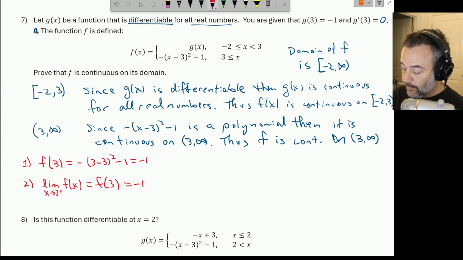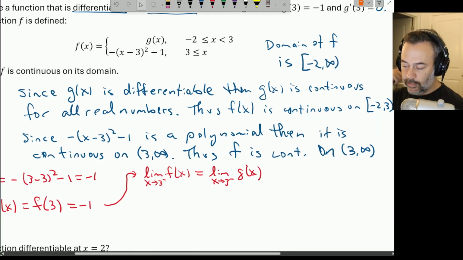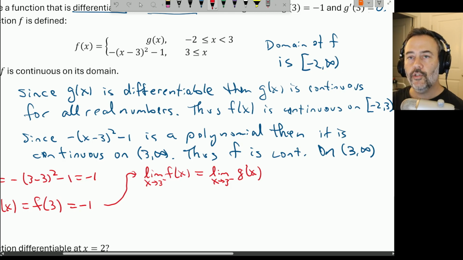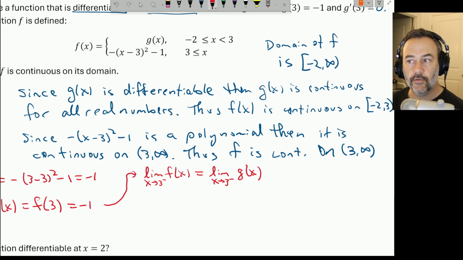Sorry, I'm slightly running out of room over here. Let's do the limit as x goes to 3 from the left of f of x. But that is the limit as x goes to 3 from the left of g of x. Now, what is this limit? Well, g of x is differentiable, therefore it's continuous.